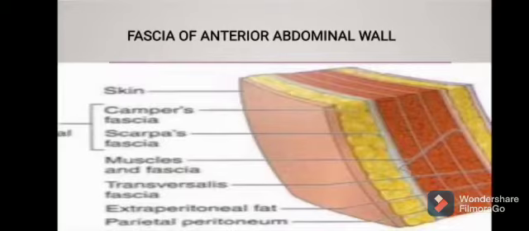In the center, if you take the cross section from the center of the abdomen, you will also see the rectus abdominis muscle, because that lies in the center. And beneath this muscle there is fascia transversalis which separates it from the extraperitoneal fat, and beneath this extraperitoneal fat lies the parietal peritoneum.